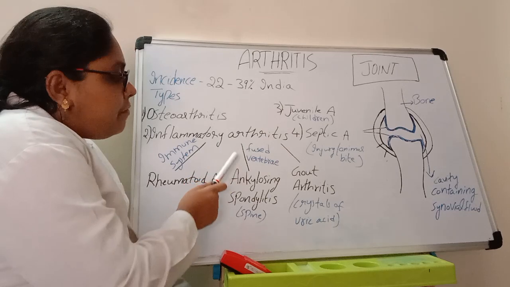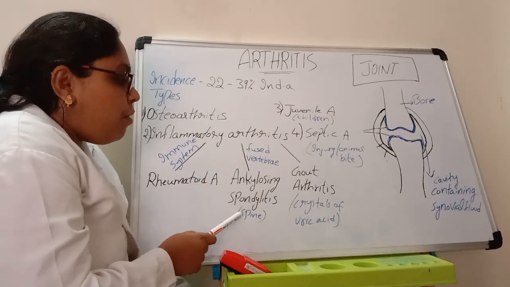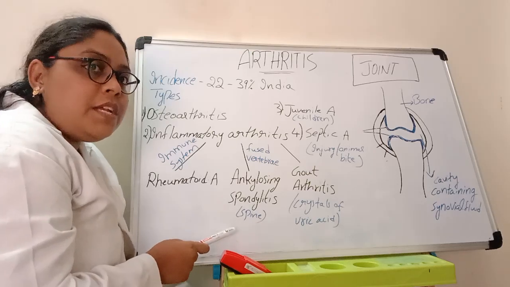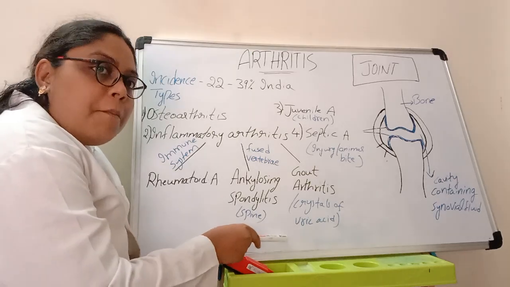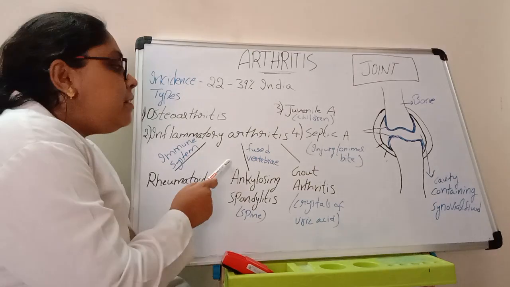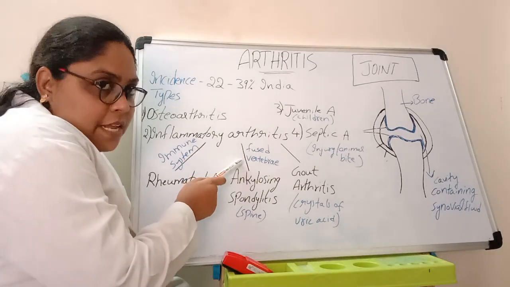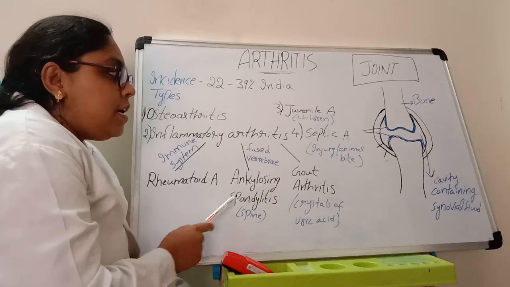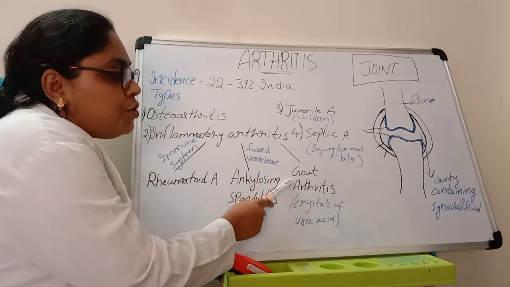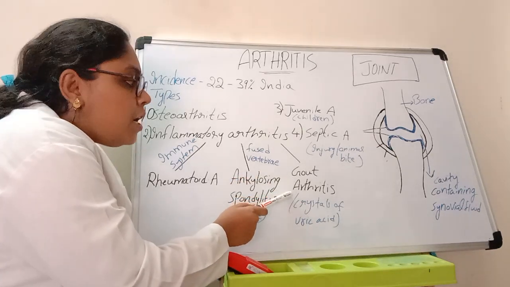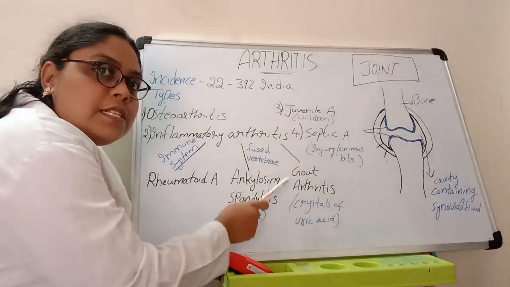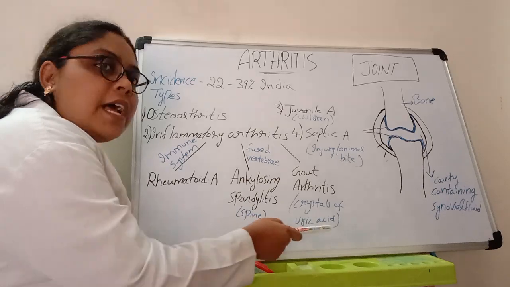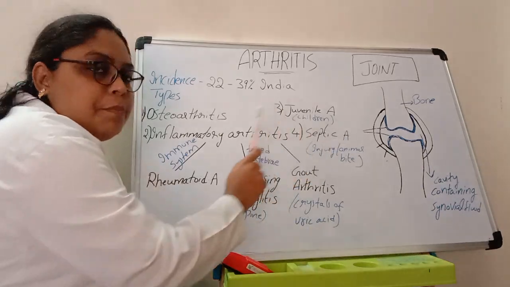And the second one is ankylosing spondylitis. Here the arthritis is seen in the spine, especially the lower back, and there is a fusion of vertebrae. So that is ankylosing spondylitis. And the next one, gout arthritis. In this disease it causes hard crystals of uric acid in the joint space.